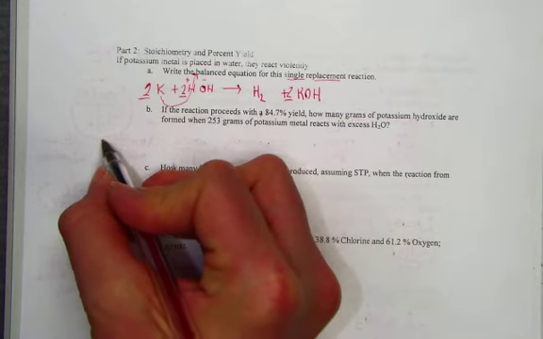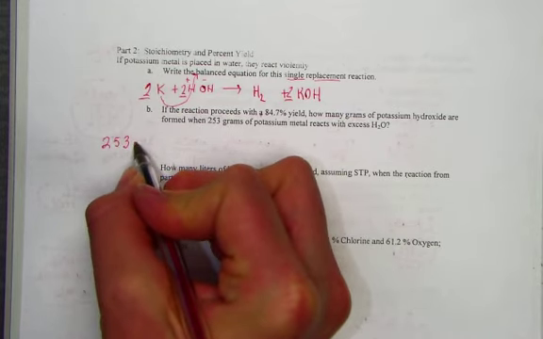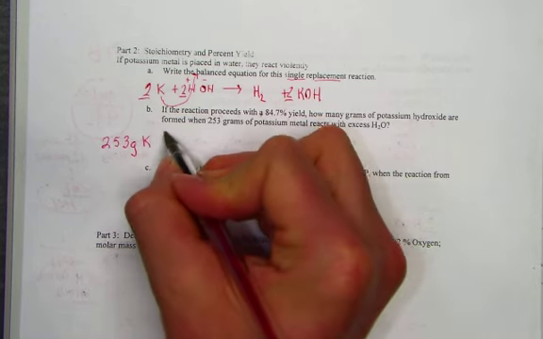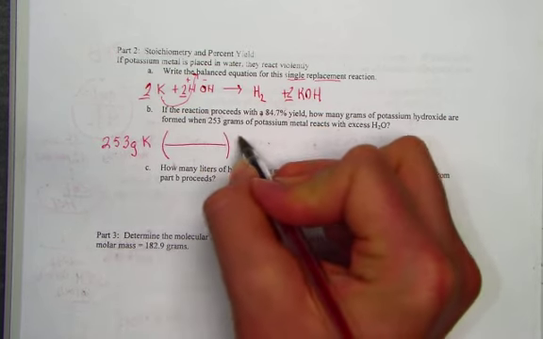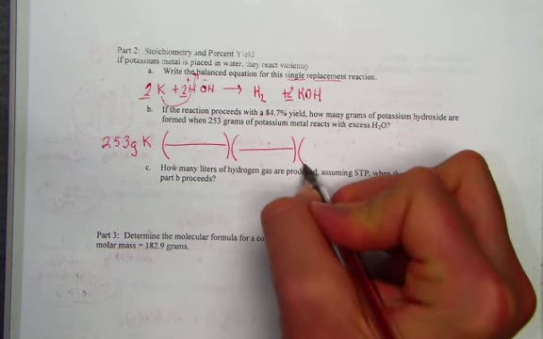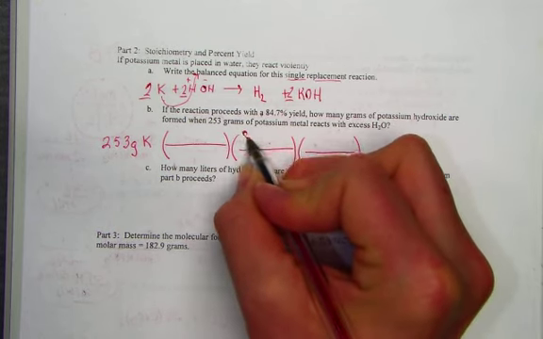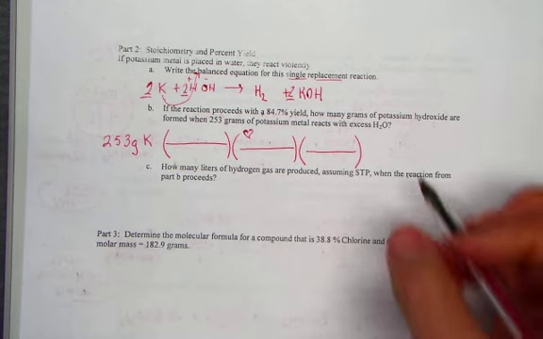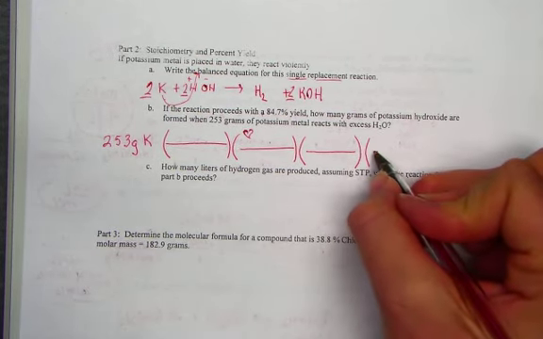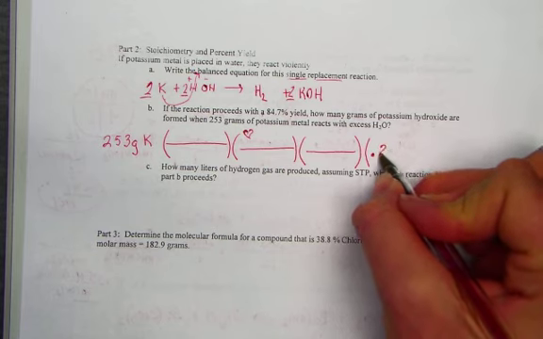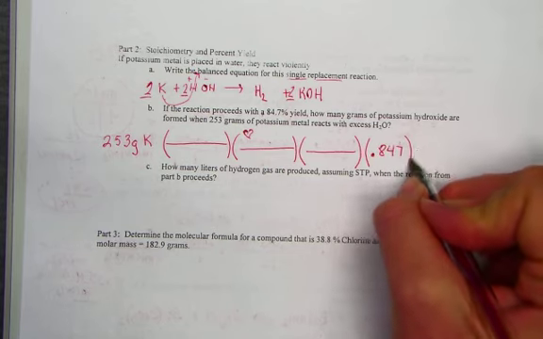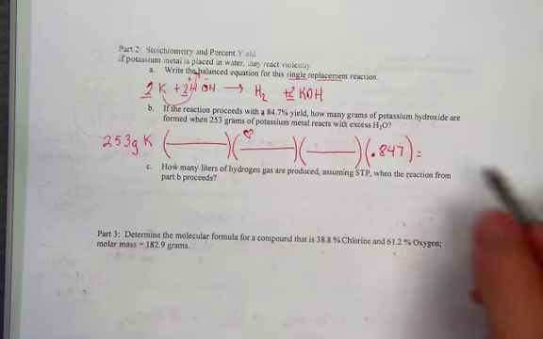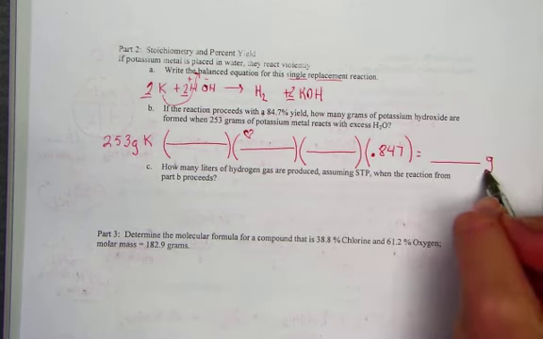So the 3 steps to stoichiometry is where we begin, starting with the given 253 grams of potassium. We'll get our 3 steps ready for a mass problem, knowing the heart of our problem is the want over given ratio. Also remembering that we have an 84.7% yield. I'll just put that right there, so remember to do that. We're going to take 84.7% of our answer, and now I can see my target.